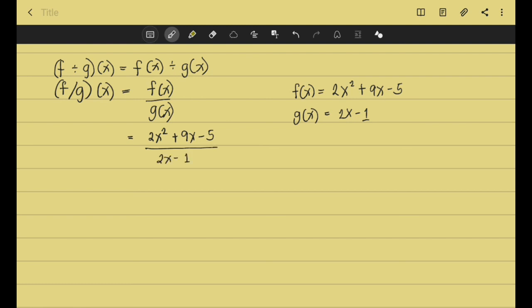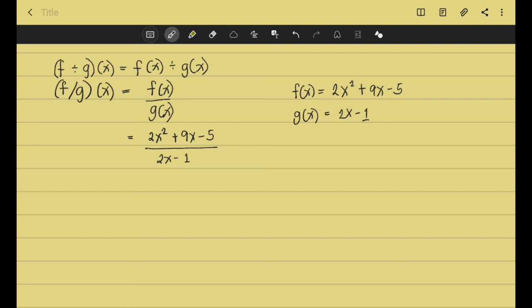So how do we find the quotient? As you have noticed, our numerator is 2x squared plus 9x minus 5, and that is a quadratic expression. So in this kind of situation, we have to factor the numerator.